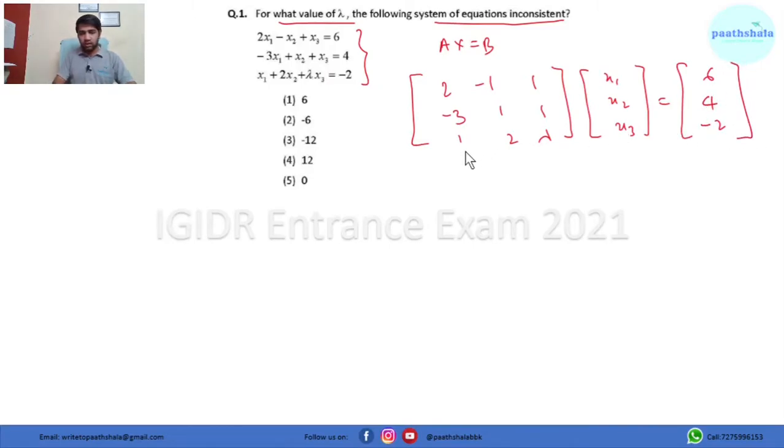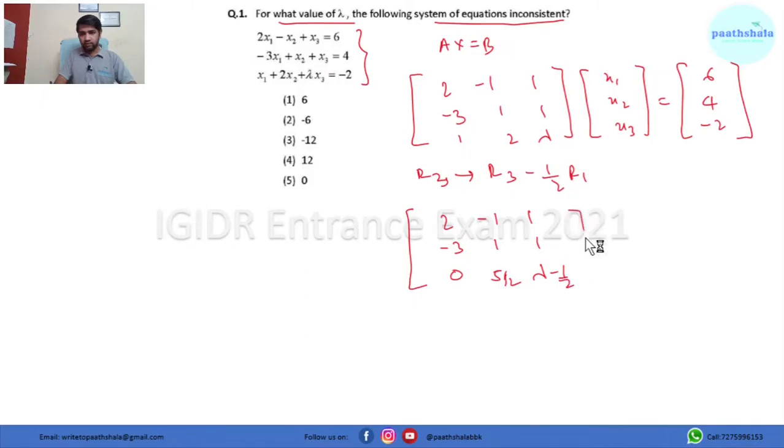Our agenda is to reduce this coefficient matrix, that is A, to echelon form. Let's do it by row transformation. First I'm changing R3 to R3 minus half R1. This comes out to be 2, -1, 1, then -3, 1, 1, and the third row becomes 0, 5 by 2, and lambda minus half.